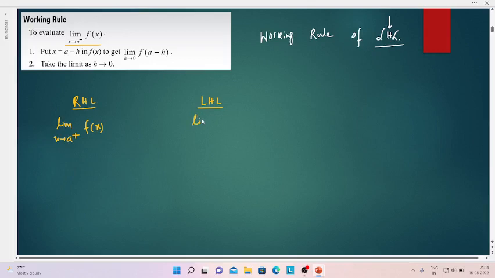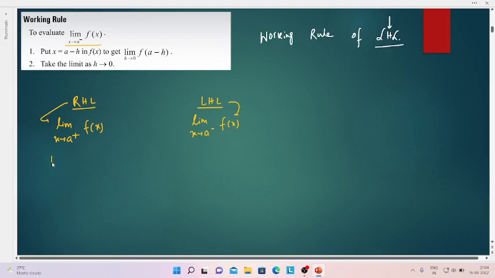Similarly, the left hand limit looks like limit x tends to a minus f(x). These are the two basic limits. This one is the right hand limit of f(x) at x tending to a plus, and this is the left hand limit of f(x) when x tends to a minus.